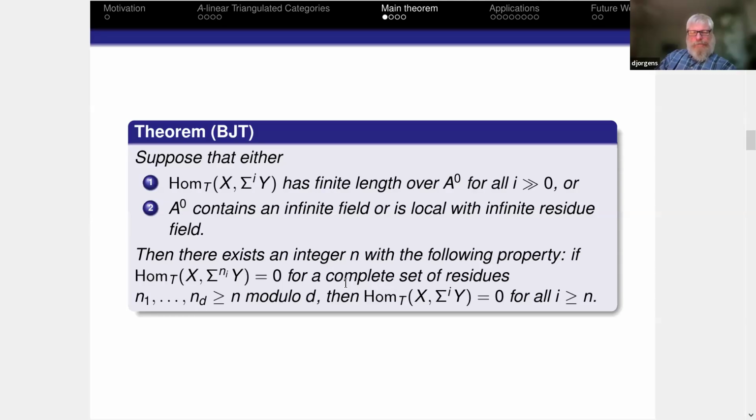so for example, if d happened to be 2, what this theorem would be saying is that there's some point after which, if you have an odd Hom vanishing, equaling 0, and an even Hom equaling 0, then in fact all the rest of the Homs have to be 0 beyond that point.